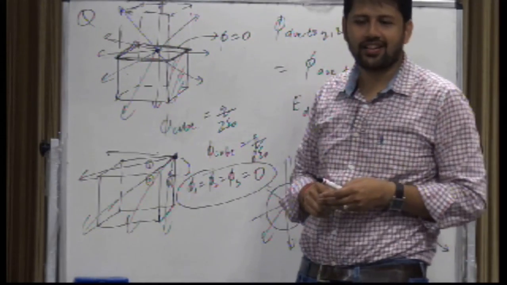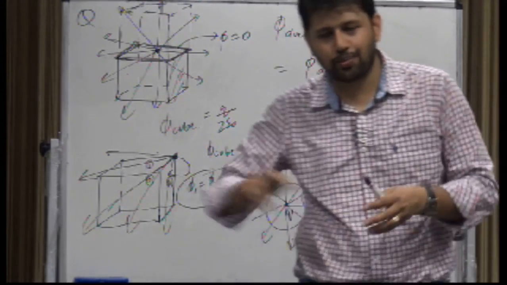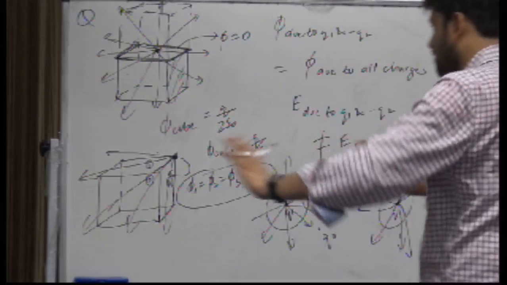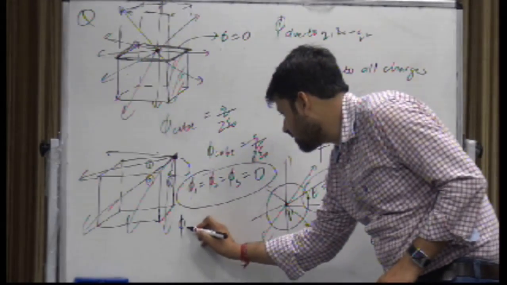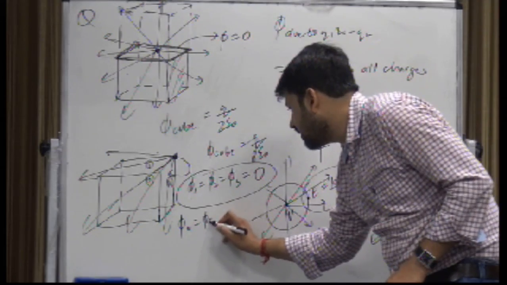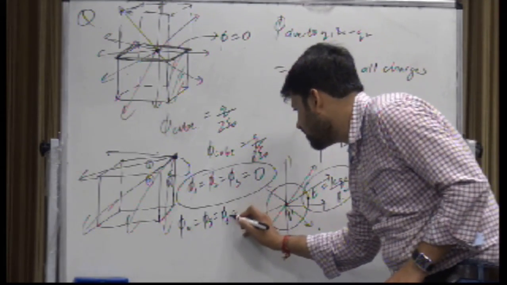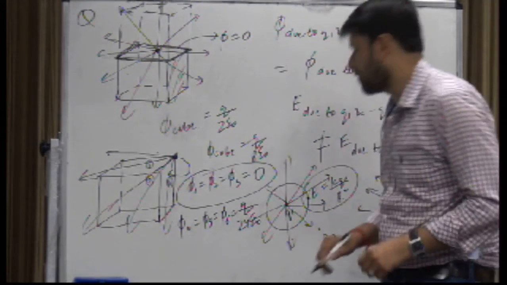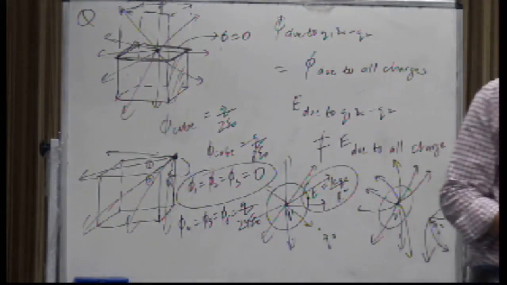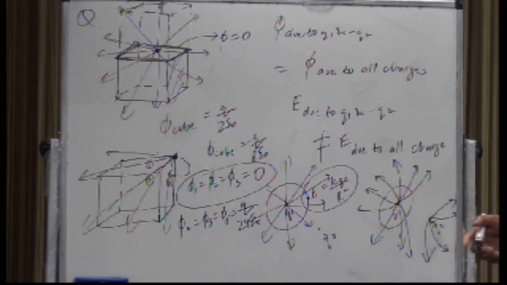It would rather go straight. So flux through the remaining 3, 4, 5 and 6 would be equal, that is q by 24 epsilon naught.